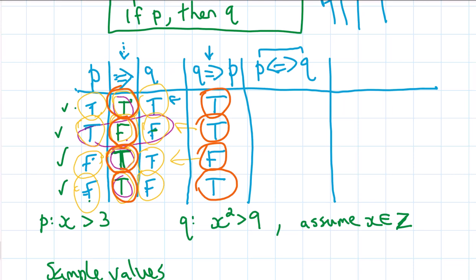So we have T and T, which is T, F and T, which is F, so we need to have two trues. T and F, only one true, so that's false. And F and F is a true. So that is the standard result for P implies Q, or if and only if.